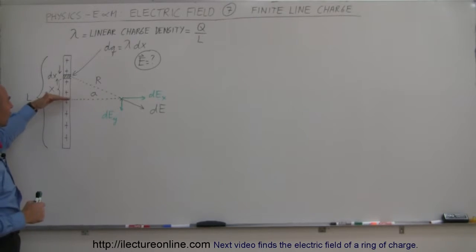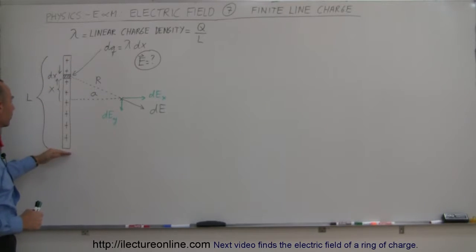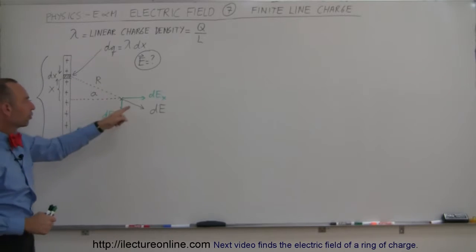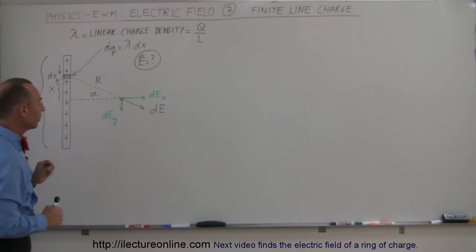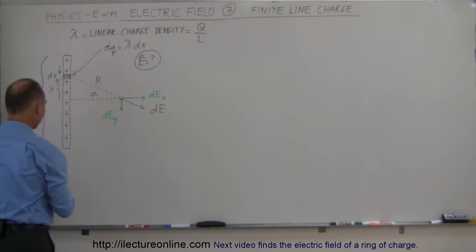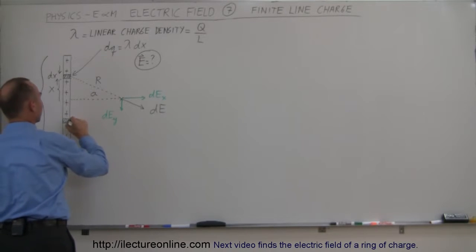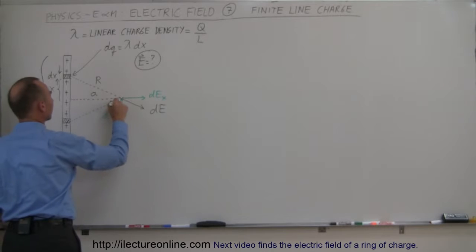As we will end up adding all these little segments together, from one end of the rod to the other, that will give us the total electric field at this location. But notice that for every segment over here, we'll have another segment down below, which will also cause an electric field at this location.